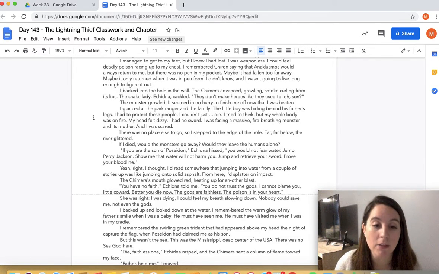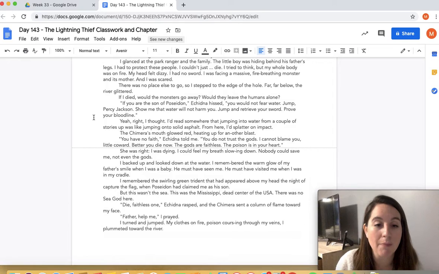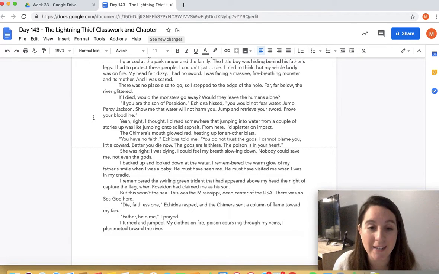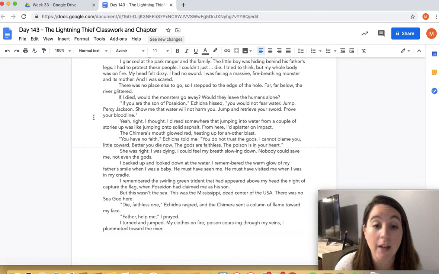I backed up and looked down at the water. I remembered the warm glow of my father's smile when I was a baby. He must have seen me. He must have visited me when I was in my cradle. I remembered the swirling green trident that had appeared above my head the night of Capture the Flag, when Poseidon had claimed me as his son. But that wasn't the sea. This was the Mississippi, dead center of the USA.